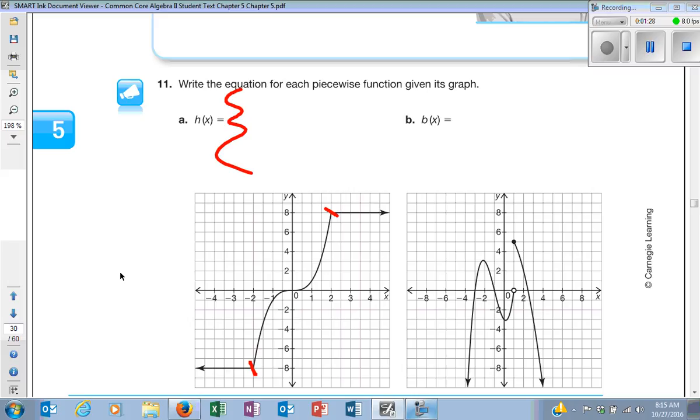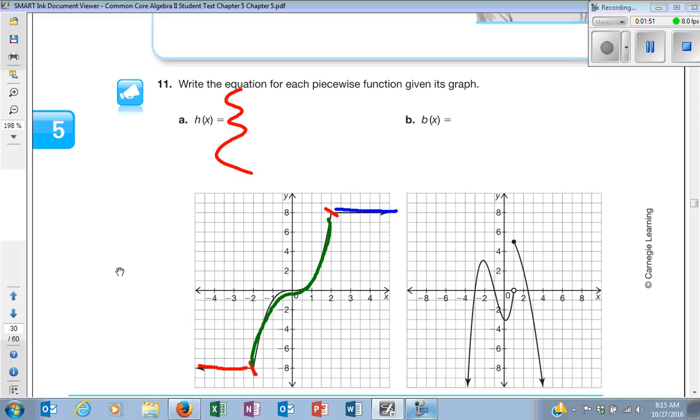That's all one graph. 2, changes there. 3. So I've got 1, 2, 3. And we can do this. Let's do it in colors so we can help. 2, 3. Is everybody okay with that?